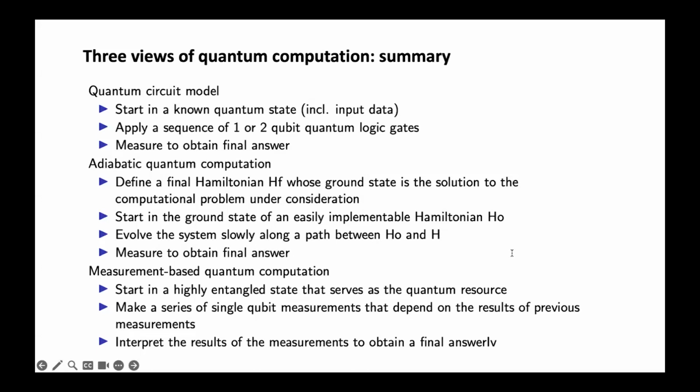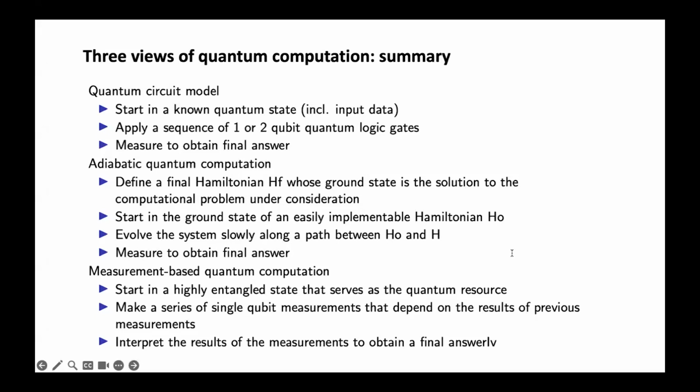Then there is the next view of quantum computation that we discussed in detail last time, the so-called adiabatic quantum computation. In this particular case, we have to define a final Hamiltonian, which I denote here H_F. If you want to think of what a Hamiltonian is, it is a function that has the form of an energy. If you ever have to come up with a Hamiltonian, think of the form of the energy of the system and try to choose the appropriate function.